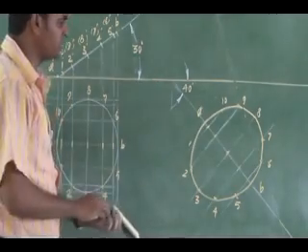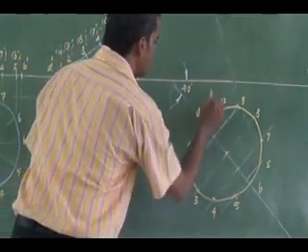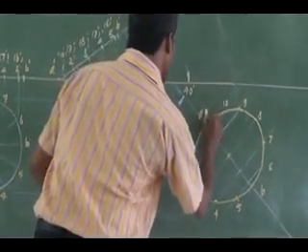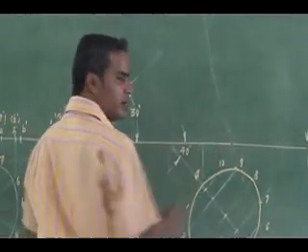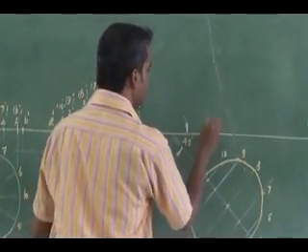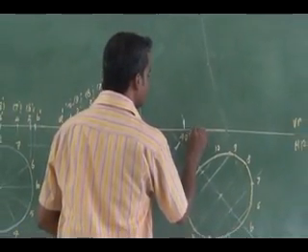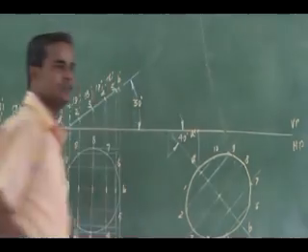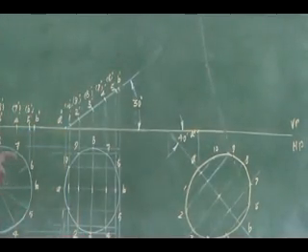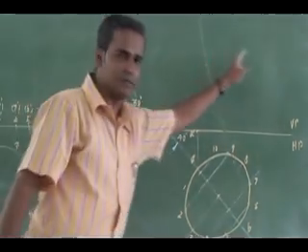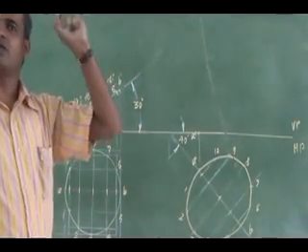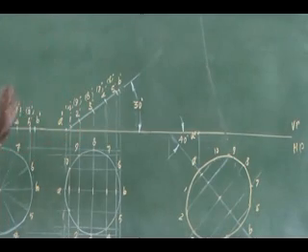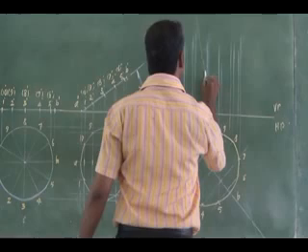In my final front view, this A projector and this A projector will be on the reference line. So I will get a different final front view, with my circumference point A on the reference line.